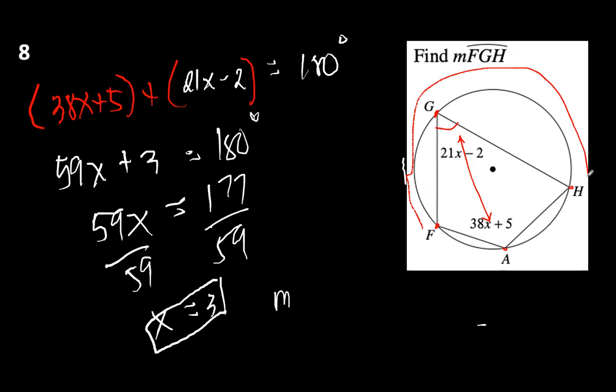Arc FGH is this, right? And arc FGH is the intercepted arc of which inscribed angle? This, the angle FAH, right?